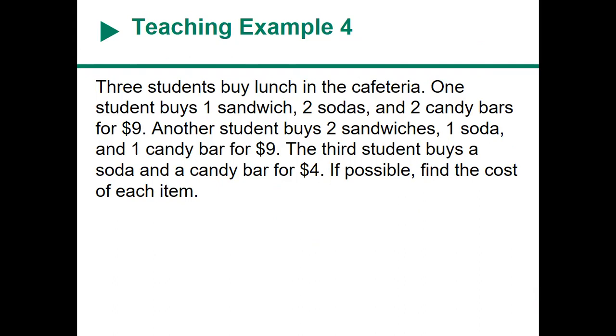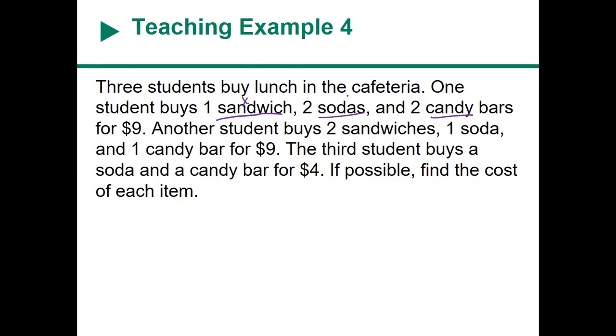All right, so here we go. 3 students buy lunch in the cafeteria. 1 student buys 1 sandwich, 2 sodas, and 2 candy bars, and it's $9. Okay, so we have sandwiches, sodas, and candy bars.